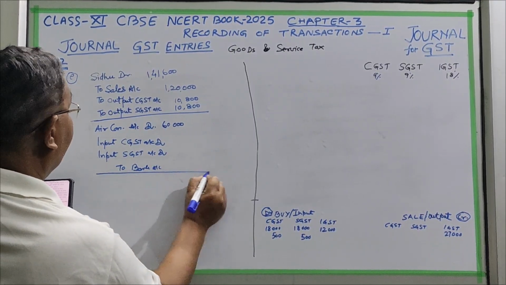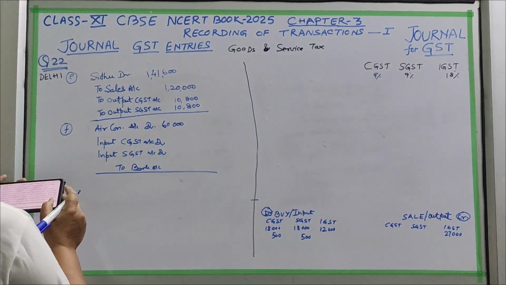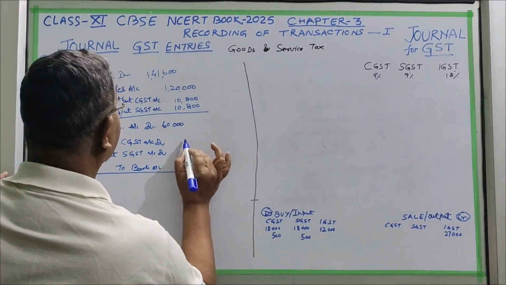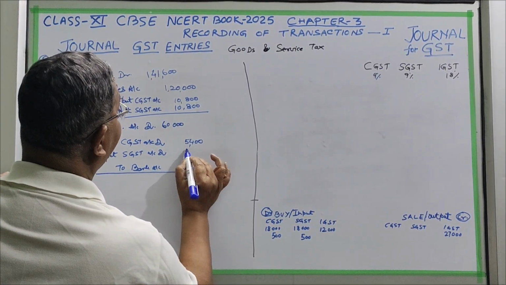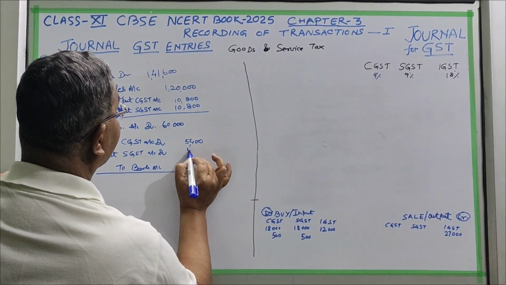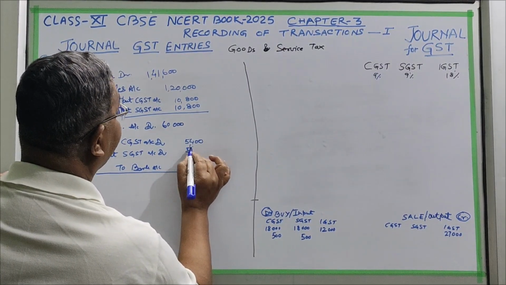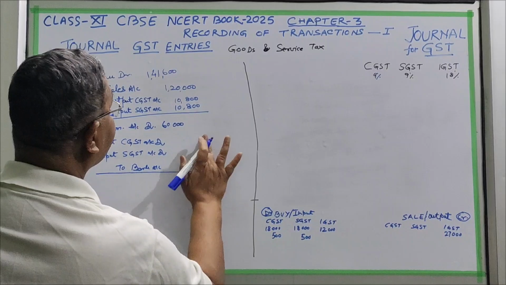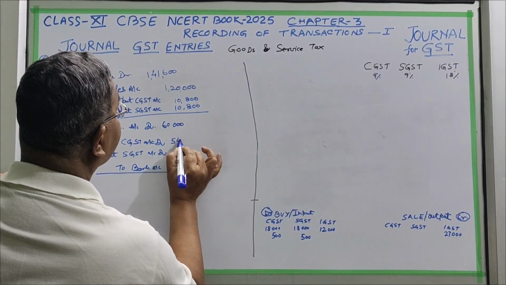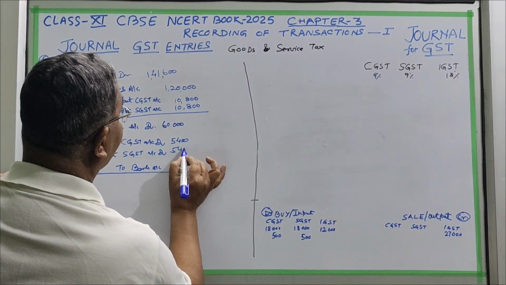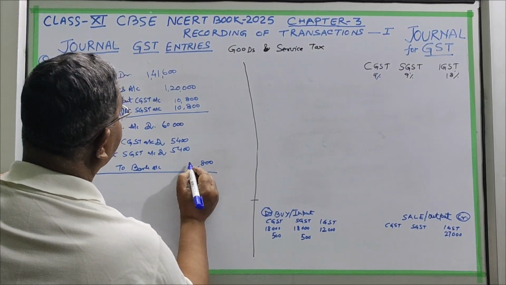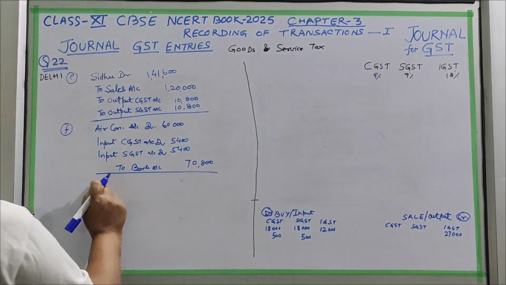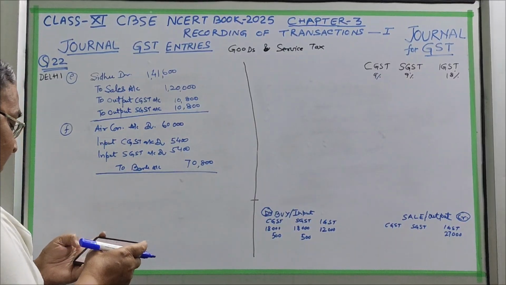The rate is 9%, so 5,400 and 5,400. All together it will come to 70,800. And in the narration we will write whatever is given in the question. You write the narration there.